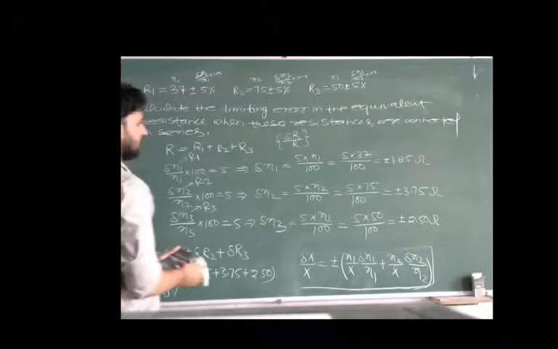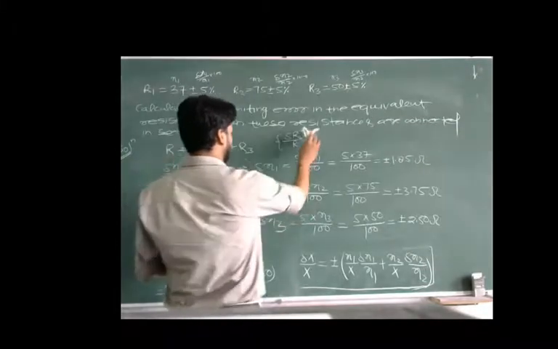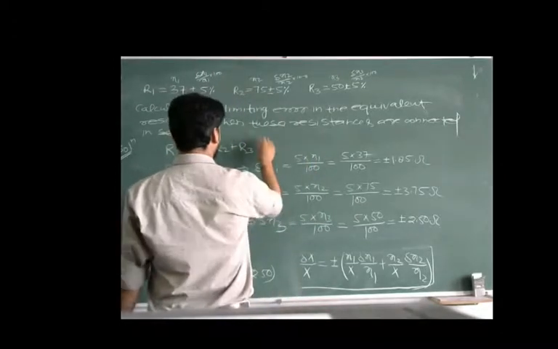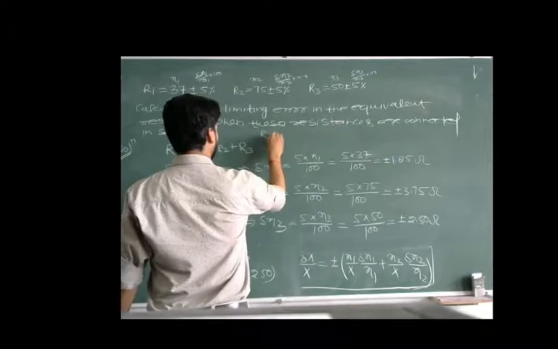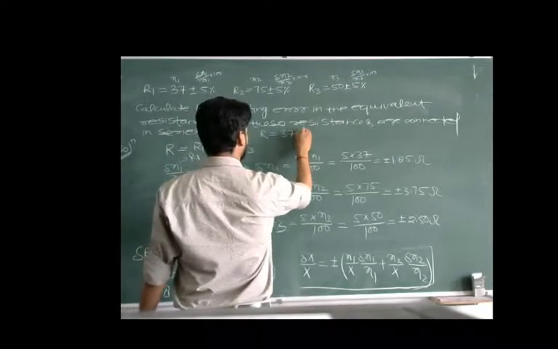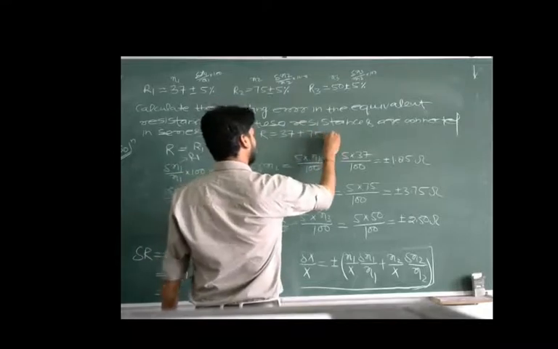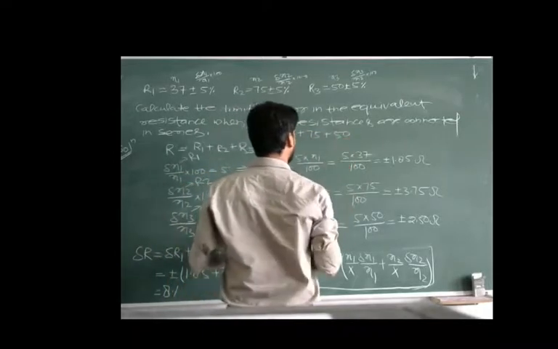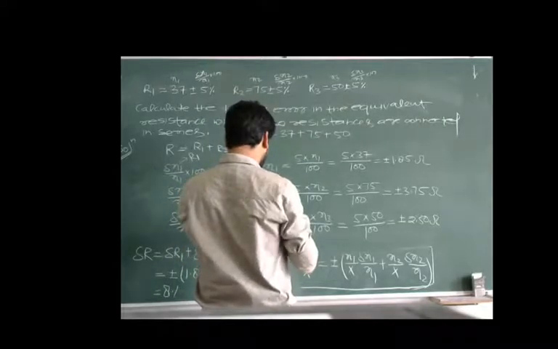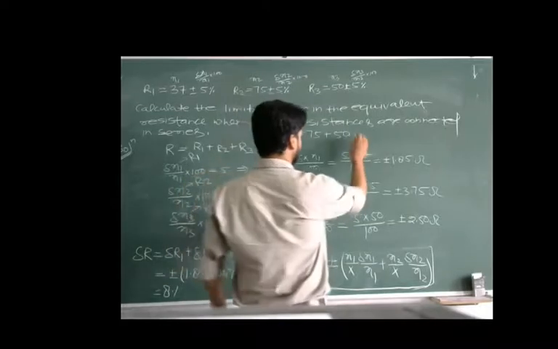What we have to calculate is del R upon capital R. Capital R is equal to 37 plus 75 plus 50, meaning 87 plus 75, which is 162.